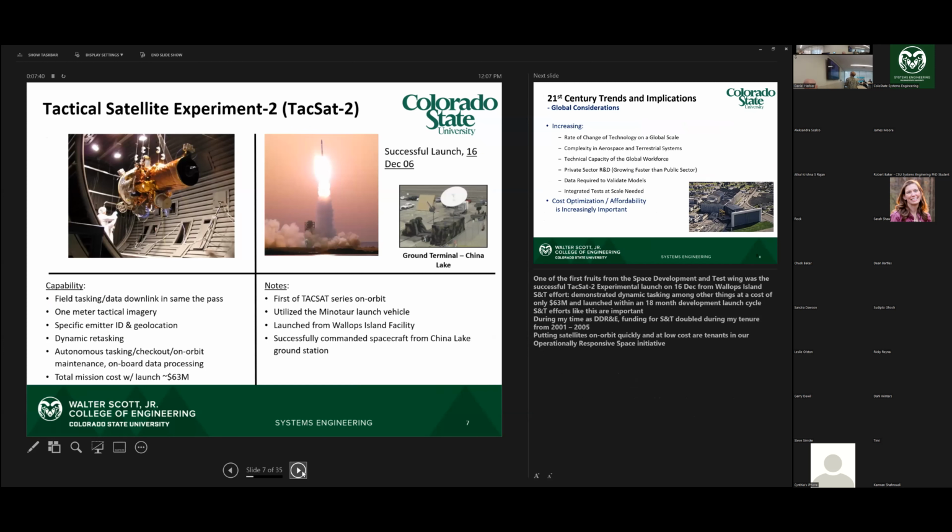Okay, and here's the tactical satellites. These actually were in 2006, I believe. This is one of Rod Sega's slides, and he was talking about some of the first tactical satellites on orbit. And this is really important because this made everything, again, in the Defense Department change.